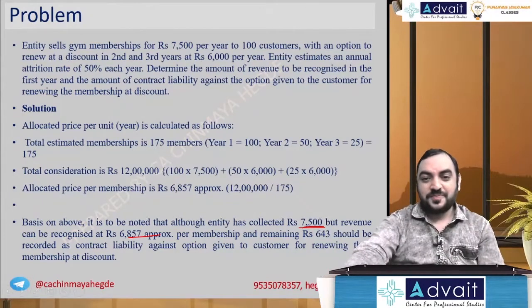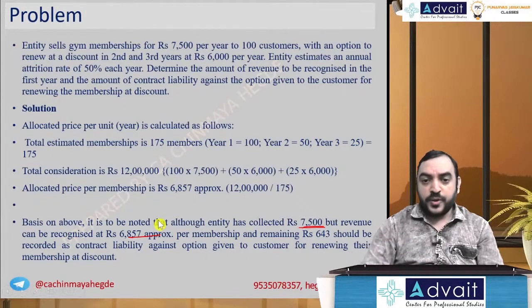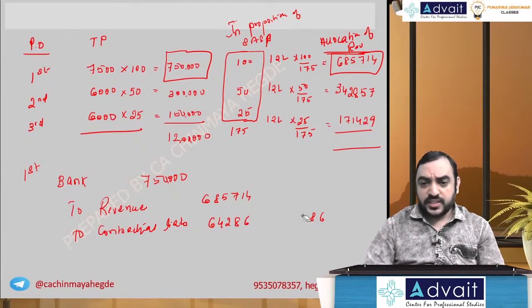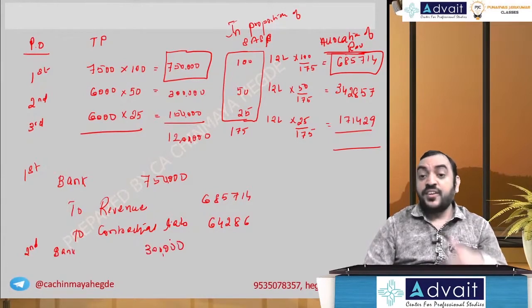Let me go further. Or if you want, let me quickly show you the second year, how the entry will take place. How much amount did you receive? 3 lakh. So bank account, 3 lakh. But how much revenue should you recognize? 3 lakh 42,857.